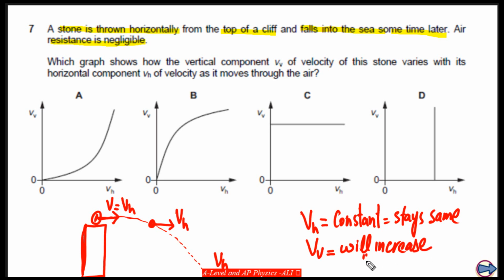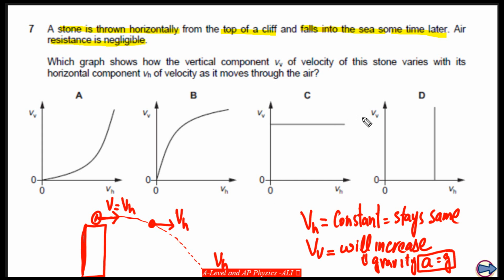Vv will increase. Why? Because there is gravity acting downwards. And also we can write down, in this case a will be equal to g because there is no air resistance.